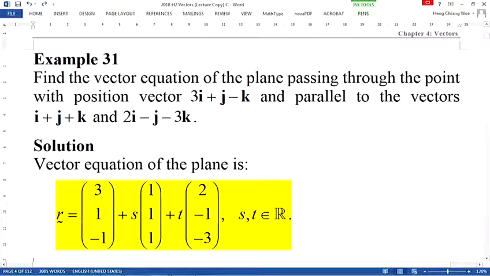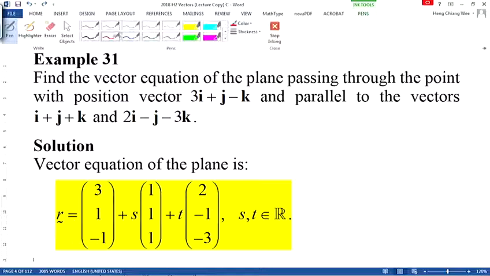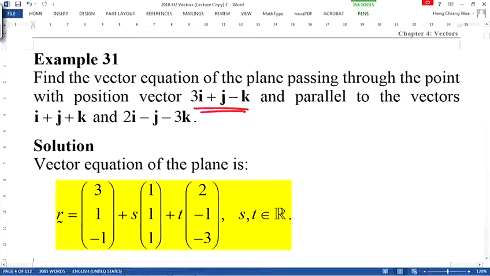Right, so example 31, this is the case when you are given a point, so this is your given point, and it is parallel to the vectors, so this is your D1, and this is your D2. So with that, you can straight away write down the equation of the plane.